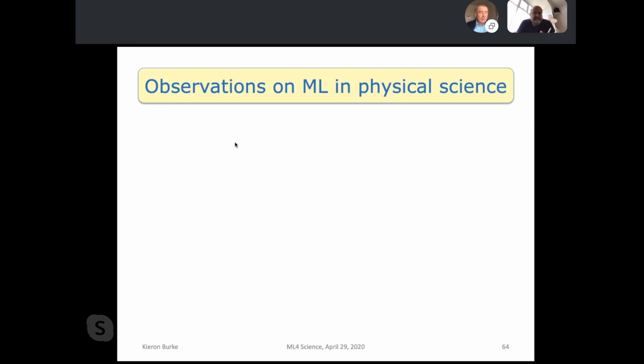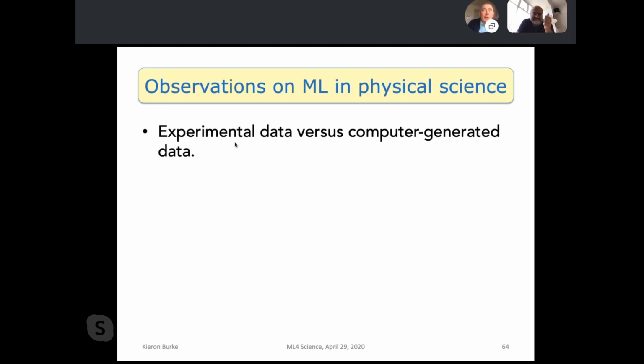So I now intend to make some rude remarks about machine learning in physical sciences, right? Stefano would be disappointed if there wasn't a section like this, right? Okay, so just generally about this whole field, I think we should always distinguish between experimental data versus computer-generated data, right?